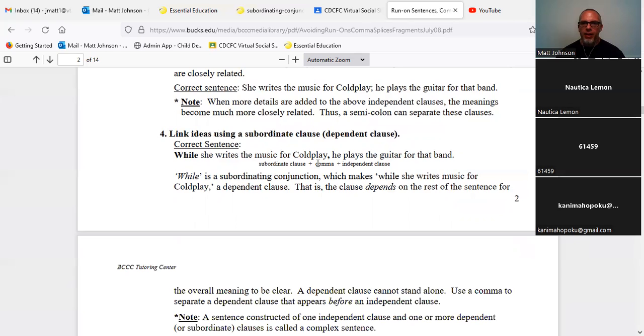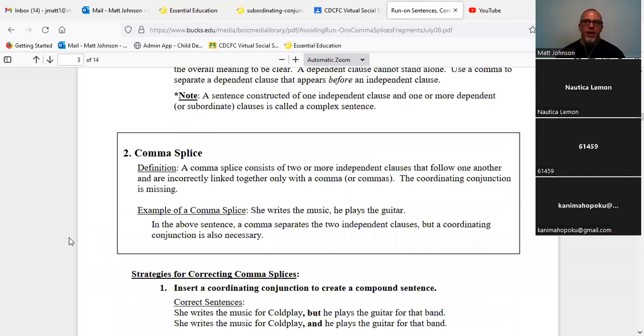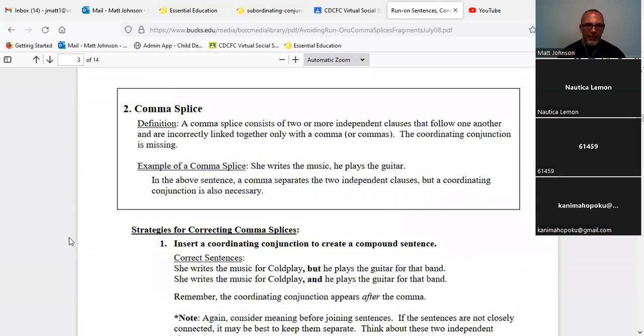That's the independent clause. Comma splices are when you're only trying to fuse a sentence with a comma and you still have two independent clauses. And again, their idea there, she writes the music for Coldplay, but he plays the guitar for the band. That's a correct sentence.